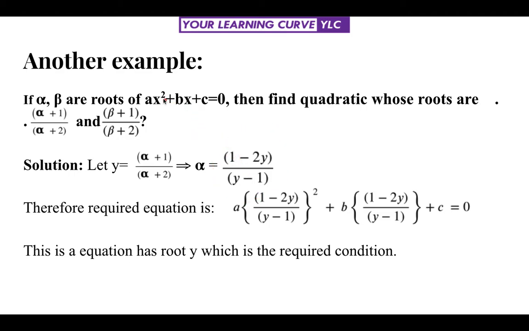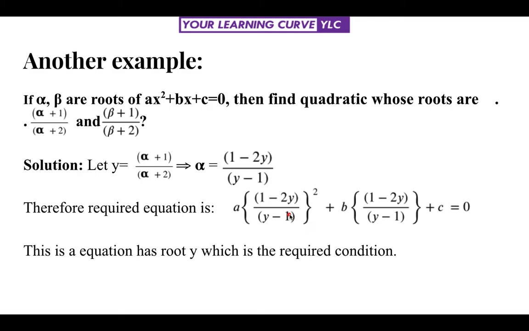We put this in place of alpha, we get a quadratic equation: a into ((1 minus 2y) upon (y minus 1)) whole squared plus b into (1 minus 2y) upon (y minus 1) plus c equal to 0. This is not a new equation, this is the same equation, a alpha square plus b alpha plus c equal to 0. This is the value of alpha.